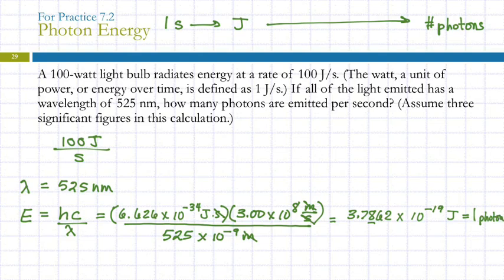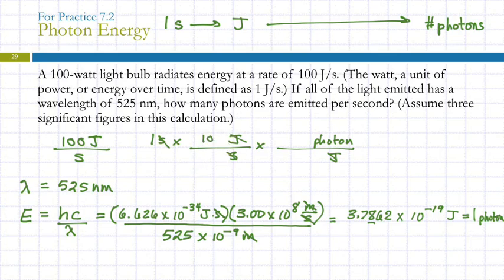So now I have the pieces that I need. I'm going to take 1 second, and I'm going to multiply by joules and divide by seconds. And then I'm going to multiply by photon and divide by joule. Dimensional analysis, getting the units to work out. So we're told that this light bulb is giving off 100 joules per second.